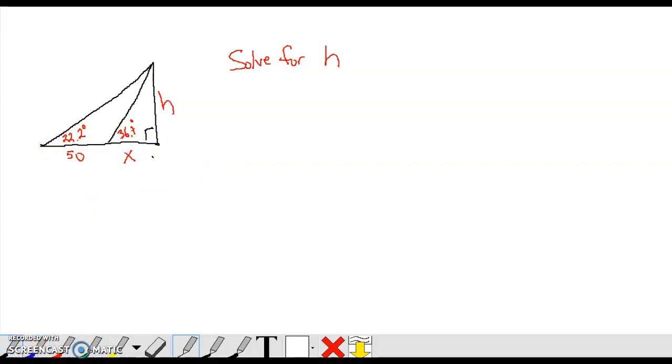So the first thing I'm going to do is say that the tangent of 22.2 is equal to opposite, so h, all over 50 plus x. All right, and I can create my other triangle, so this will become the tangent of 36.7 is equal to h over x.